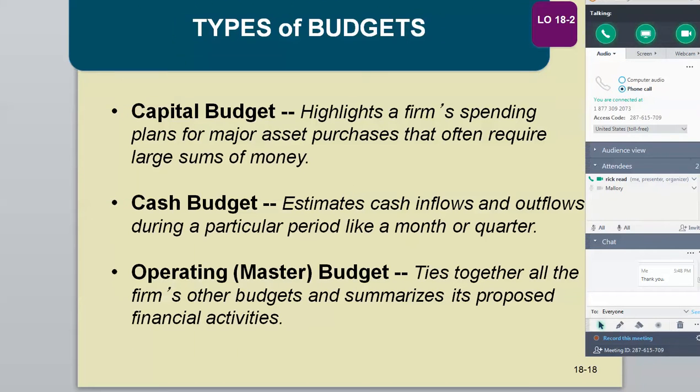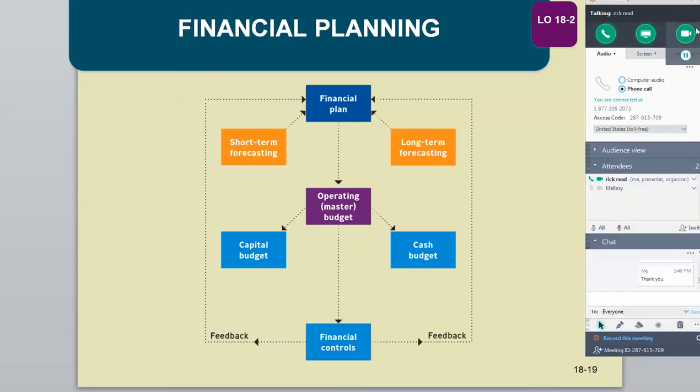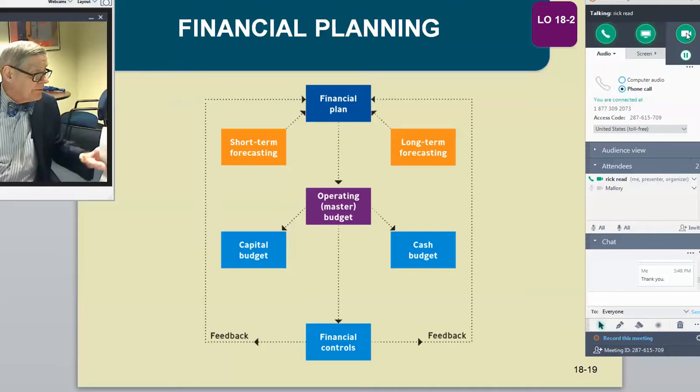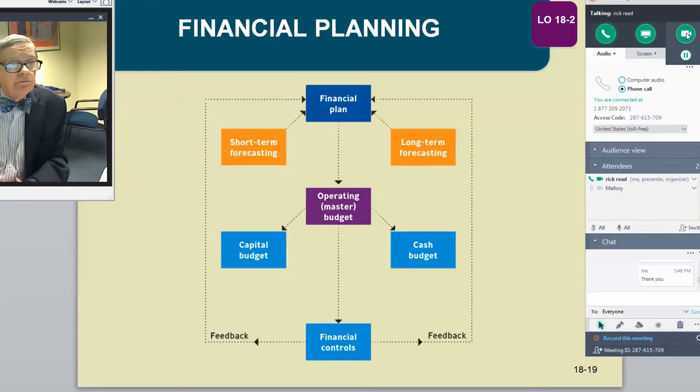And then this is our financial planning. We can see this again in the text. This is at the bottom of page 507, figure 18.2. We see the master budget in the center, and then everything flowing either into or out of, and all mentioned with that. But notice what goes around here, and I would like to see this more in a circle, is feedback.